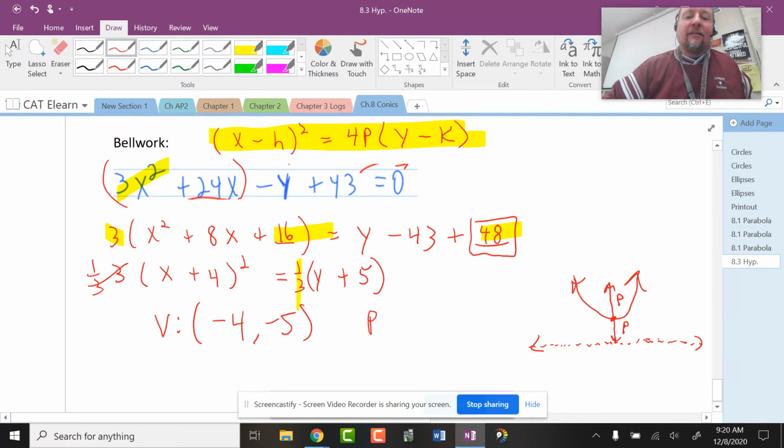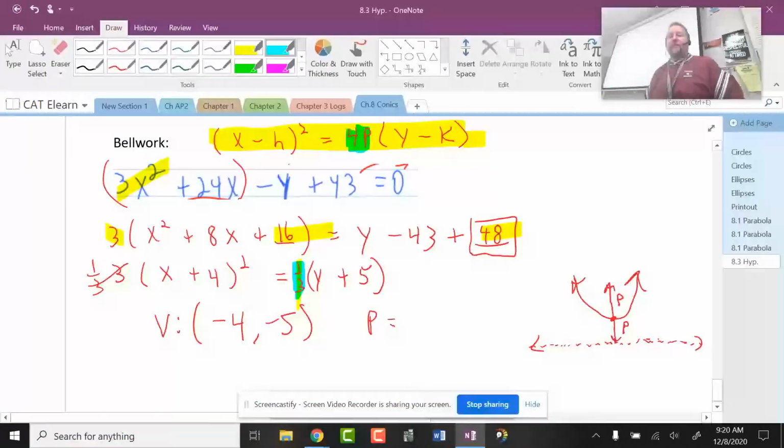What is p? Oh no, Beatrice, you know what? We'll leave you. Well, no, this is actually your second question. So what is p? Then I'll leave you alone. Oh, so 4p is here, and this is in the 4p position. What does that mean p has to be? It's a fraction. 4 times what equals 1/3?